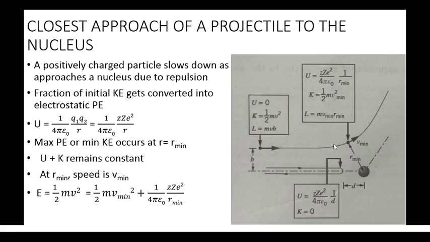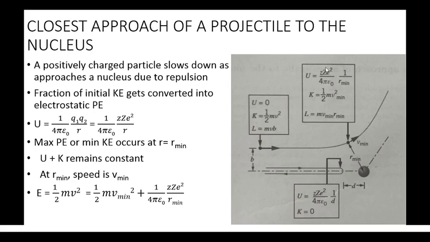Now what happens when it gets deflected? The distance to the nucleus is then the minimum distance, and that is given by r minimum. At that time the particle also has minimum velocity. So maximum potential energy or minimum kinetic energy occurs at r = r_min, and when r = r_min, the velocity is v_min.